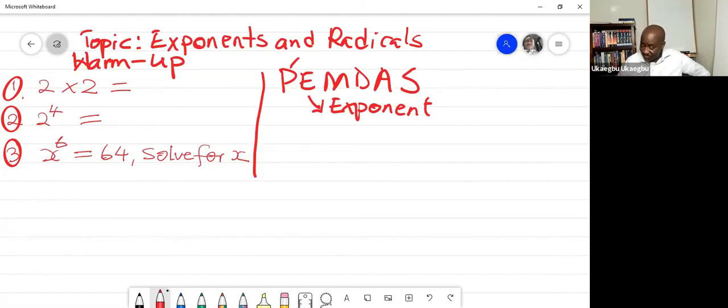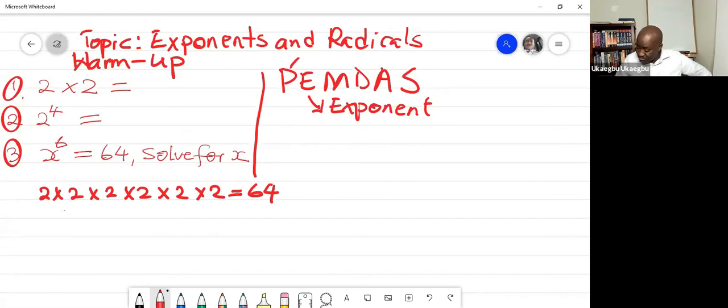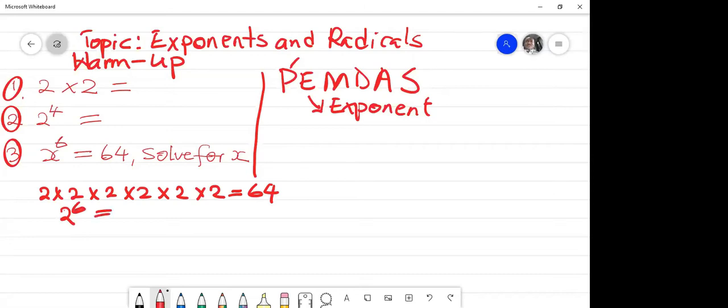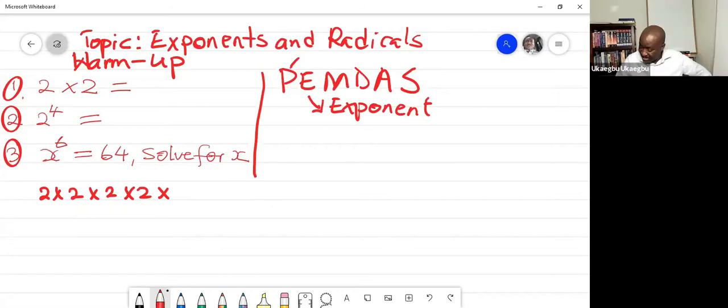If for example we're talking about 64 here, and we multiply 2 by 2, by 2, by 2, by 2, by 2, 1, 2, 3, 4, 5, 6, and it gives us 64, then we can write 2 raised to power 6 equal to 64.